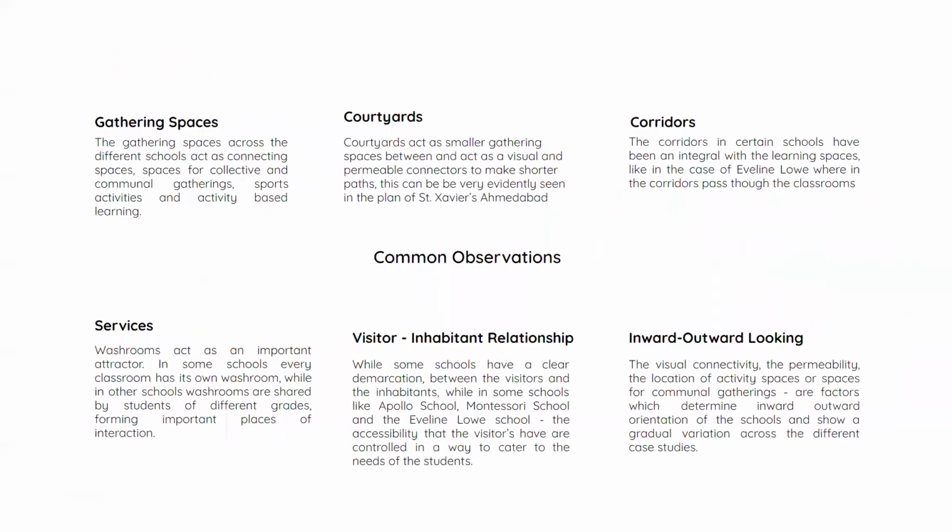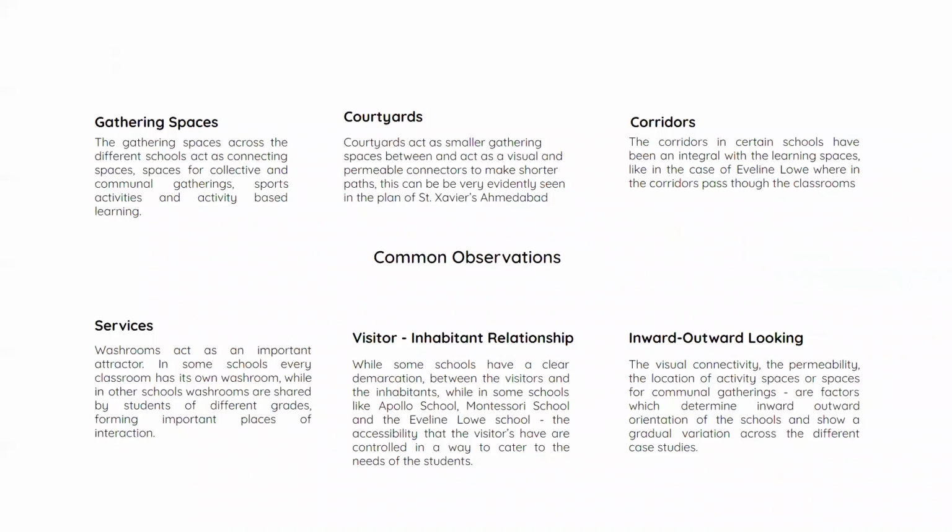The above case studies help us to collate common conclusions across a set of factors that greatly influence the pedagogy and the spatial layouts of a school, like gathering spaces or courtyards, which across different schools mostly act as well-integrated connecting spaces, spaces for collective and communal gatherings, sports activities, and activity-based learning.